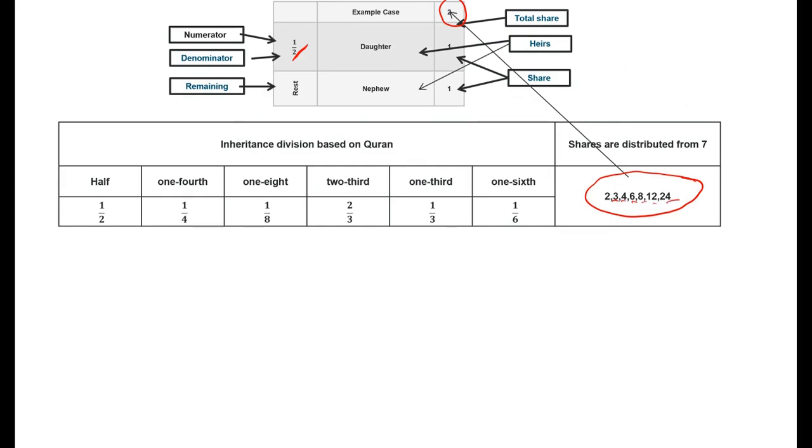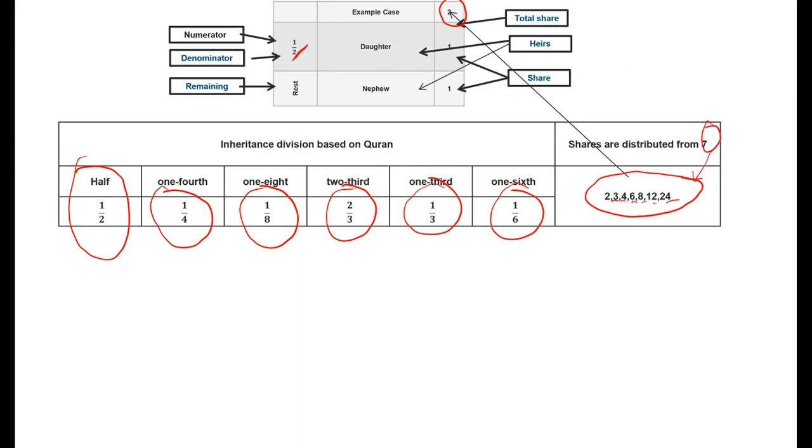Based on the fractions that Allah subhanahu wa ta'ala revealed in the Quran, half, quarter, 1/8, 2/3, 1/3, or 1/6, you can only get the aslul mas'ala, or the total share of each case, out of these 7 numbers.